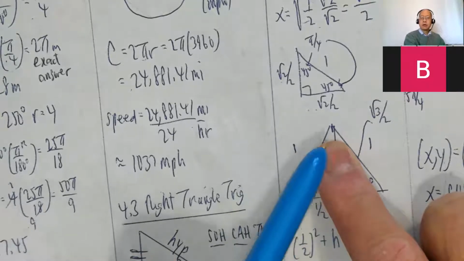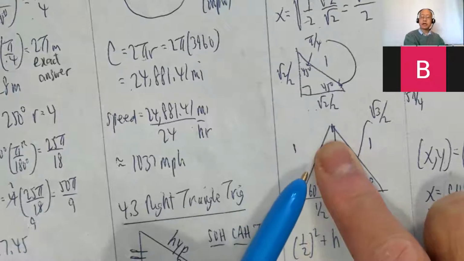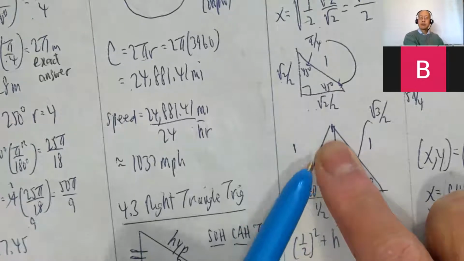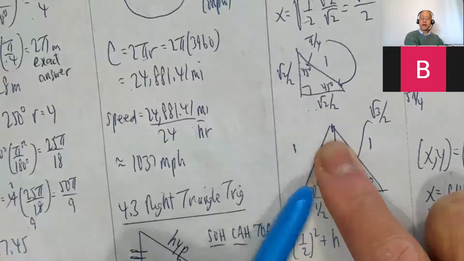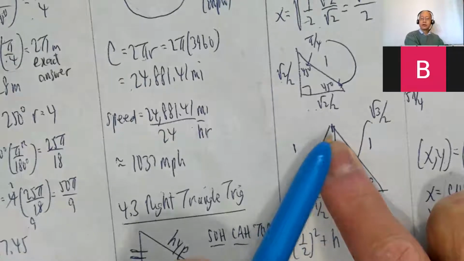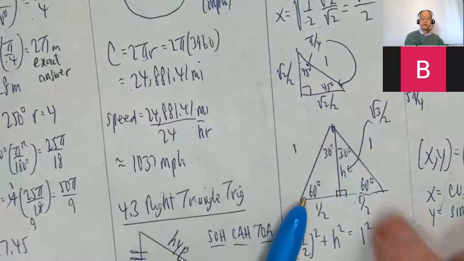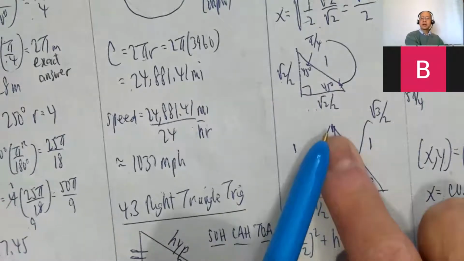Now, if all 3 sides are the same, that means all 3 angles are the same. We know a property of triangles is that the 3 angles have to add up to 180 degrees. So if this angle, and this angle all add up to 180, there's 3 of them. That means each one is 60, right? So 60, 60, and this is 60. I'm just not writing it.